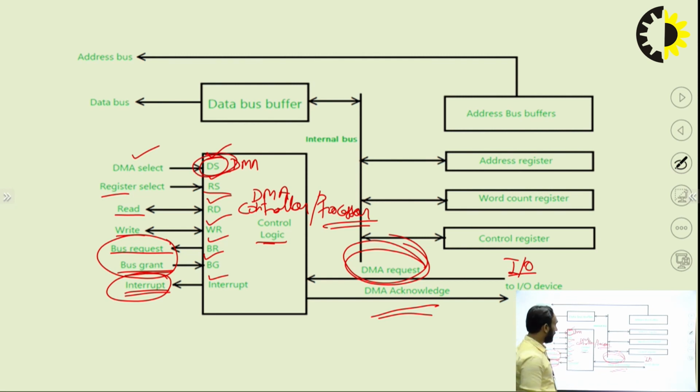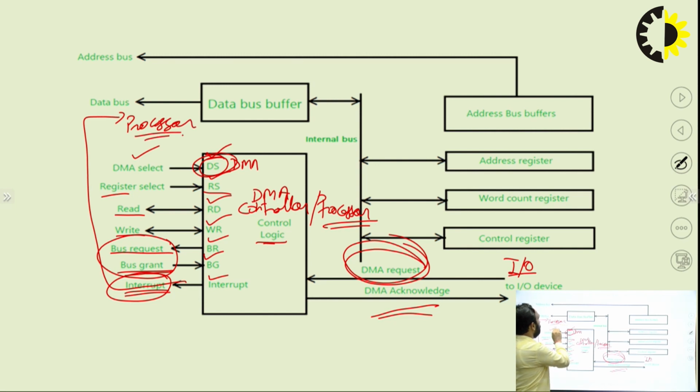So how will it activate? First, it will send an interrupt to the processor. The main processor will take the interrupt with the help of the interrupt signal. After that, it will find out whether the buses are available to share data directly between IO devices and memory. It will allocate DMA select.